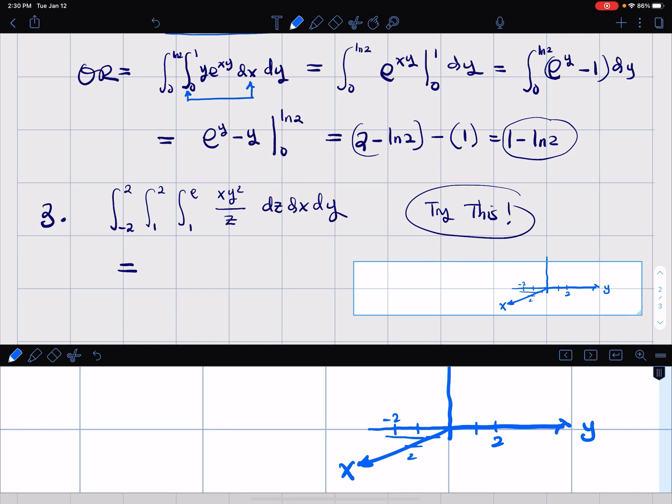So on the xy plane, we have this region. And then we can extend it from 1 to e on the z-axis.